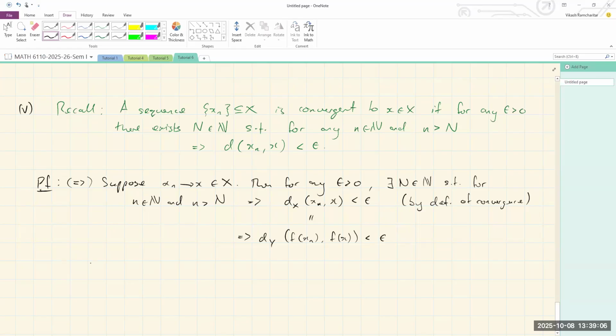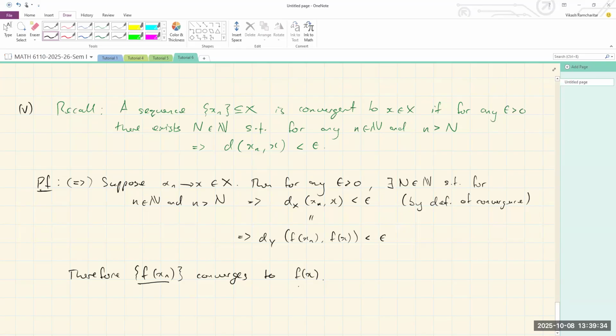which means, therefore, the sequence f of xn converges to f of x, right? Because what did we do?